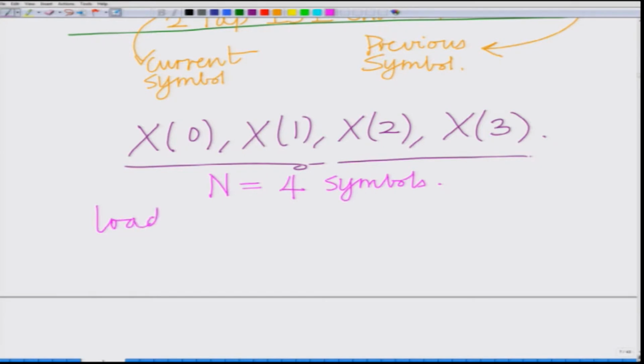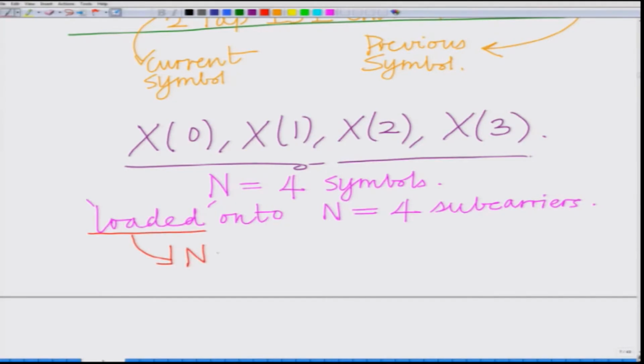These are loaded onto N equal to 4 subcarriers, and the meaning of this term loaded is basically we perform an N equal to 4 point IDFT or IFFT, the inverse fast Fourier transform.